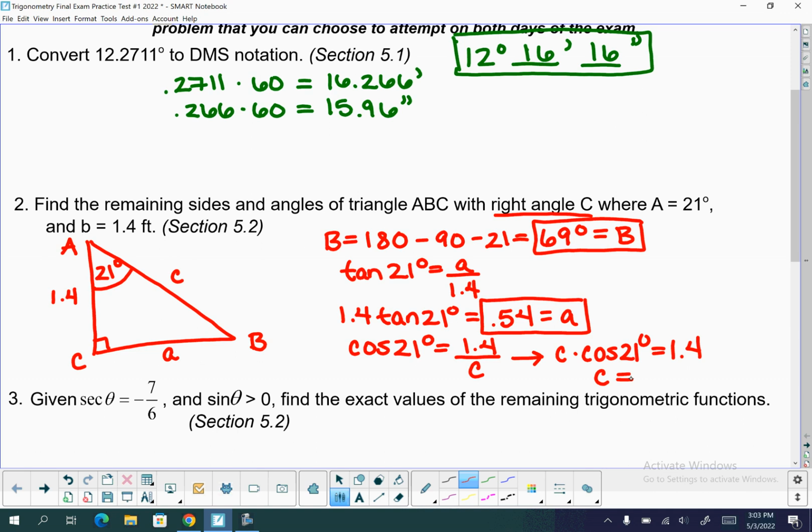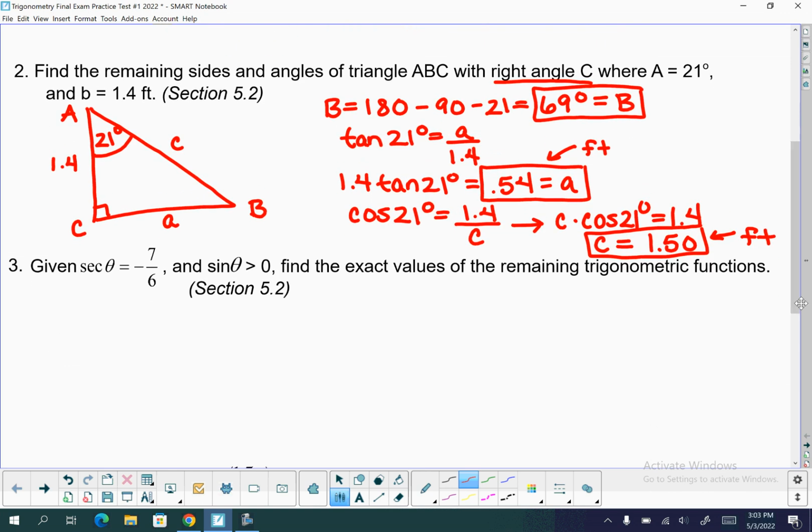So 1.4 divided by cosine of 21, I'm going to get about 1.50 if I round to the nearest hundredth there. And those both would be labeled in feet if I was going to add a unit onto those.